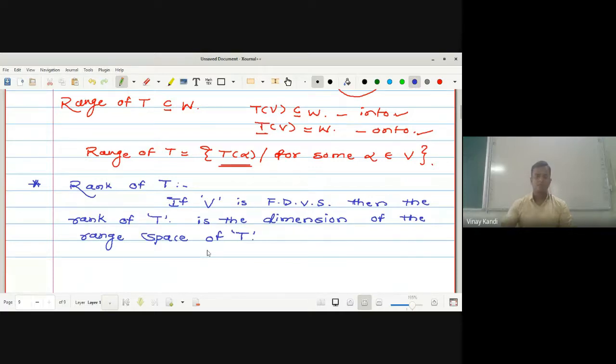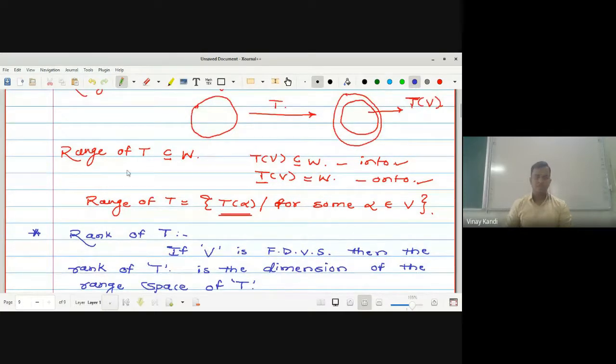Okay, we know that. What is range of T? Range of T is equal to T of alpha for some alpha belonging to capital U. Again we know that this is a subspace of W. Subspace means itself it is a vector space first. Okay, जर एखादा वेक्टर स्पेस असेल तर त्याला डायमेन्शन असेल.